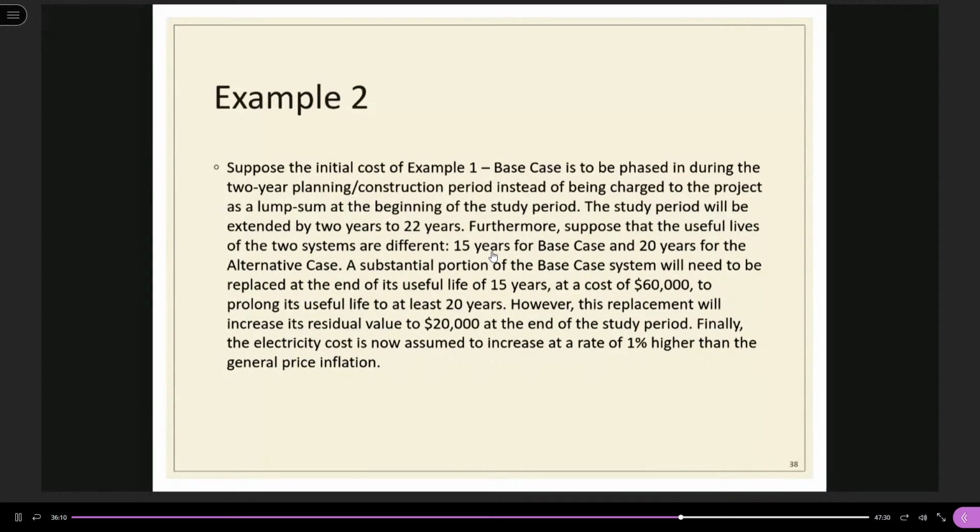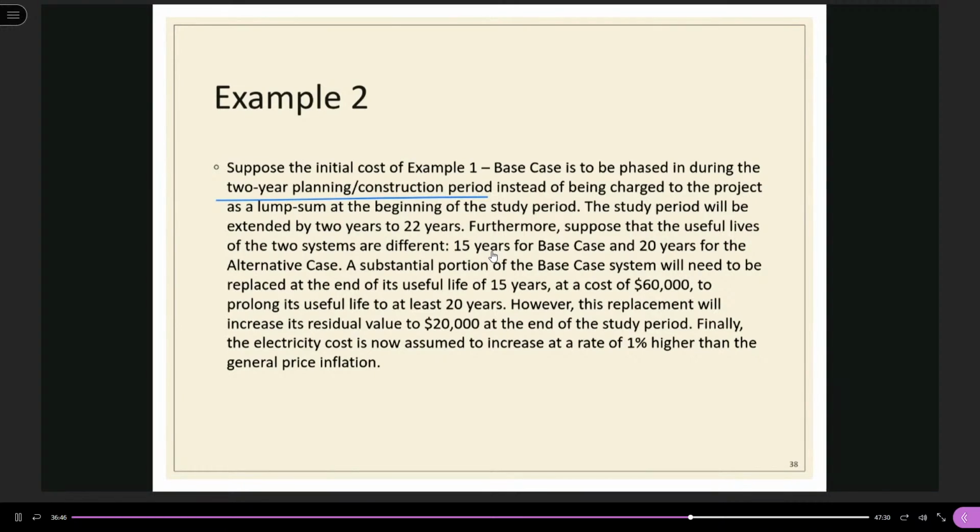So it means that instead of paying that amount of installation cost on day 1, we need to pay before the building can be occupied. Okay, we need to pay 2 years earlier. So we have a 2-year planning and construction period. So you need to pay 2 years earlier for the construction or the initial cost. So the study period will be extended by 2 years.